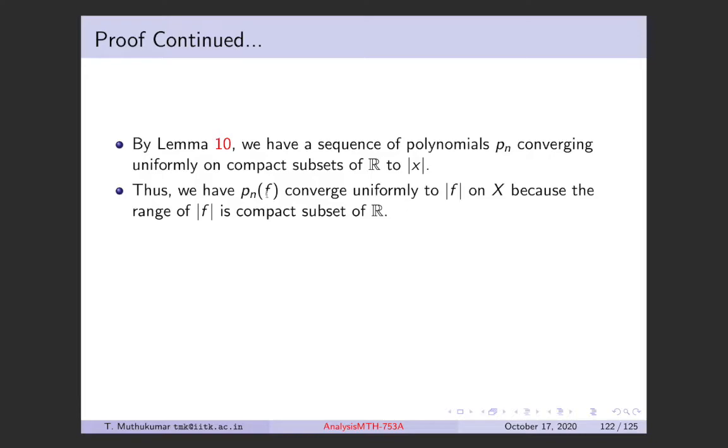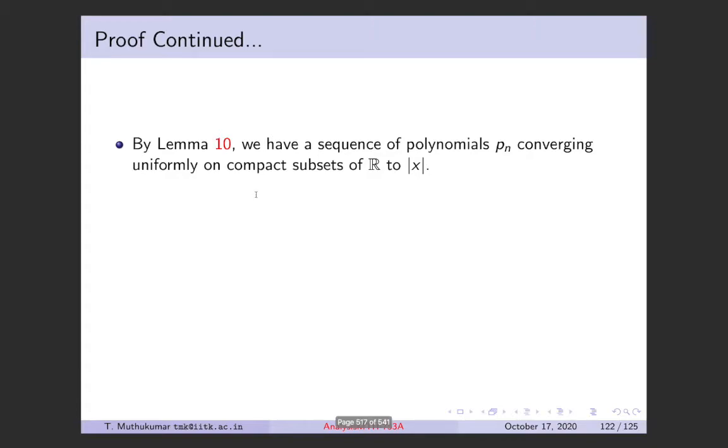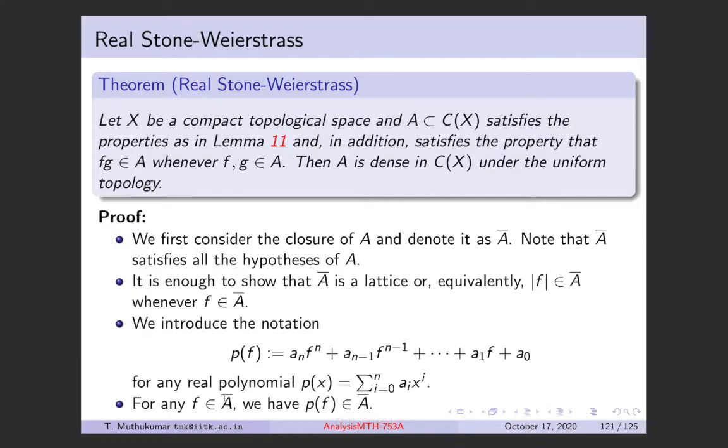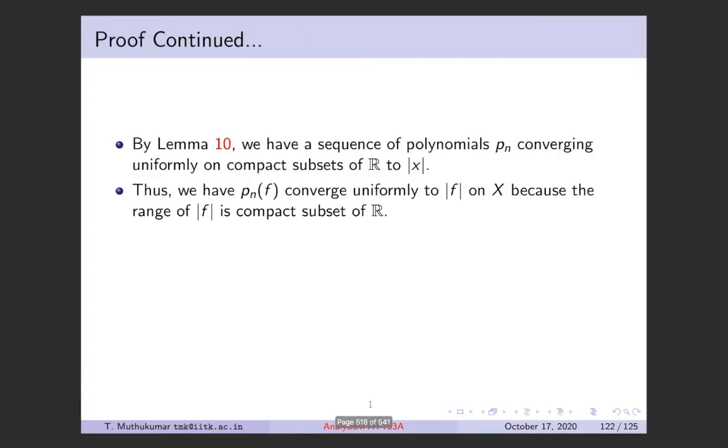So you have a sequence of continuous functions. Suppose you start with f in A bar, and you have a collection of P_n(f), which is also in A bar, and it converges to mod f.